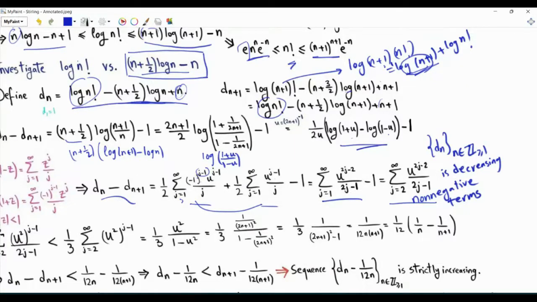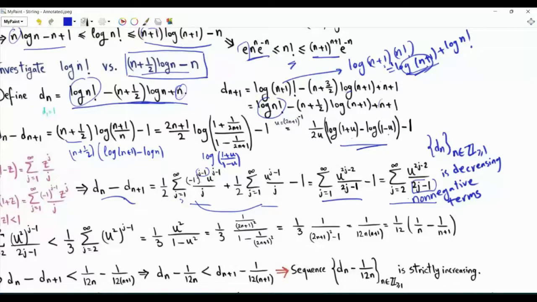Can we upper bound this difference? Well, the difference is given by this summation. In the summation, we have the powers of u. If we just have the powers of u, then we have a geometric series. But we also have this denominator. But we can do something. We can basically upper bound by replacing all those terms here, 2j minus 1, by the smallest value.